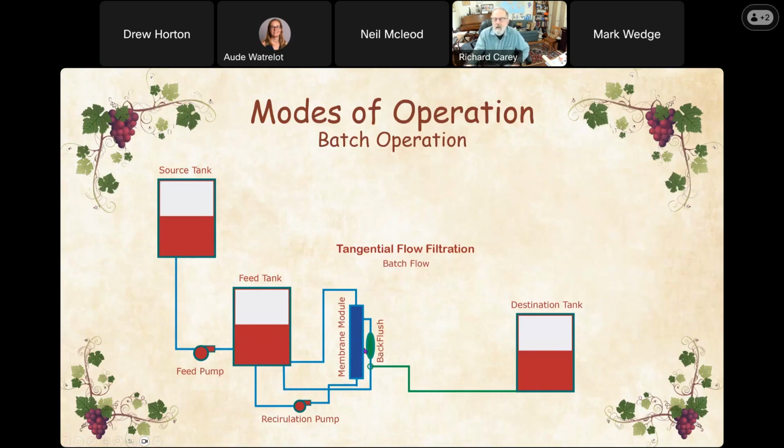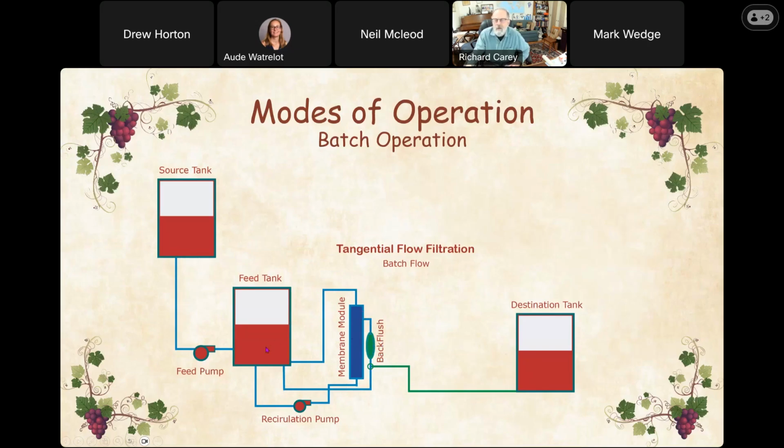And you have a backflush system, and the backflush system will reverse the permeate flow when you switch the backflush. This is a valve: the backflush takes some of the clean wine and forces it backwards through the membrane, and it shuts off the flow at this point so that it cleans the membrane up.